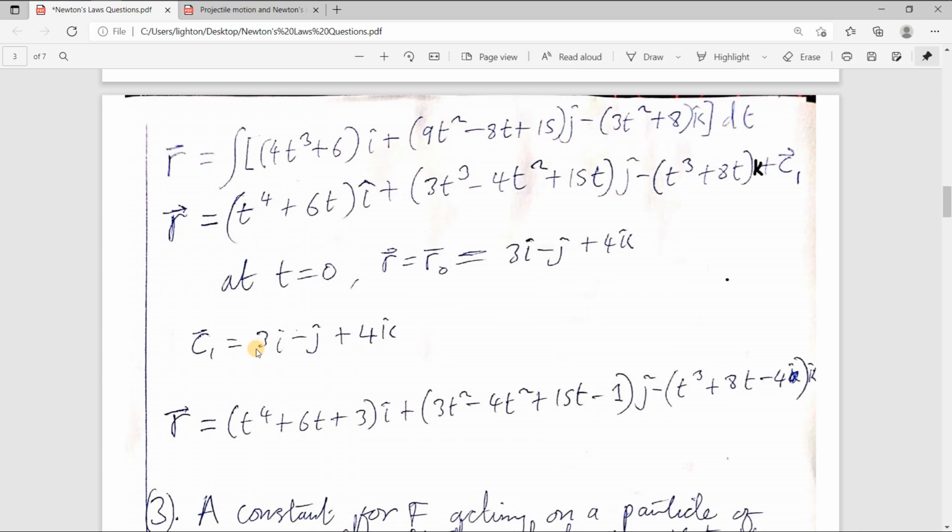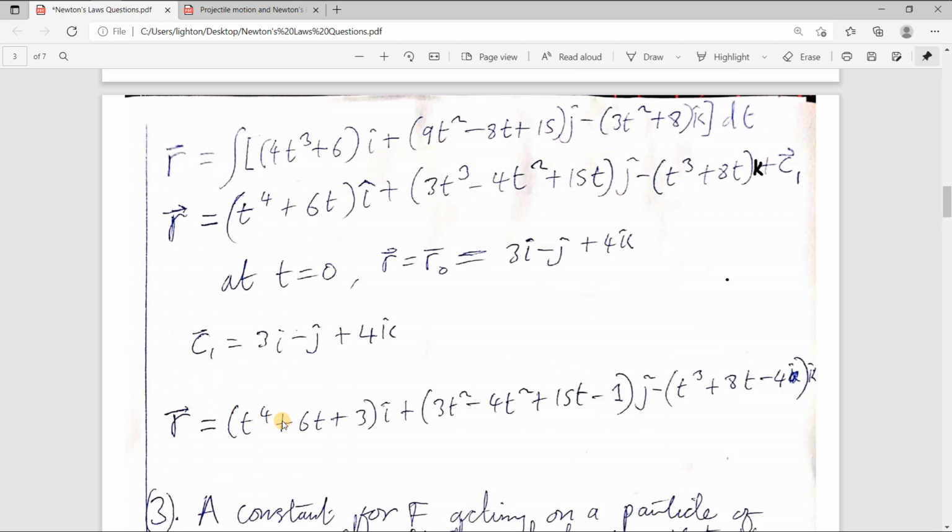And from our c1 here, we know that the part with a k hat basis vector is 4. This is what has been added here. And of course, it's having a minus here because when this negative multiplies with this negative, it will become positive as it is there. All right, so this is our expression for the position at any time.